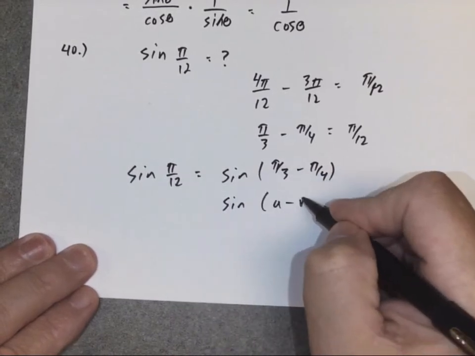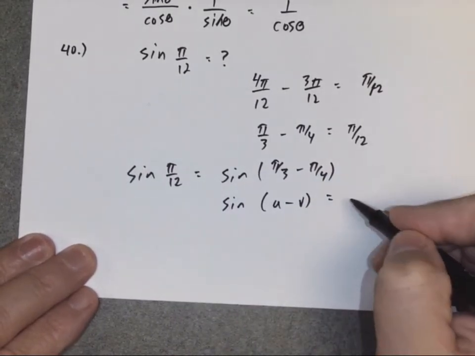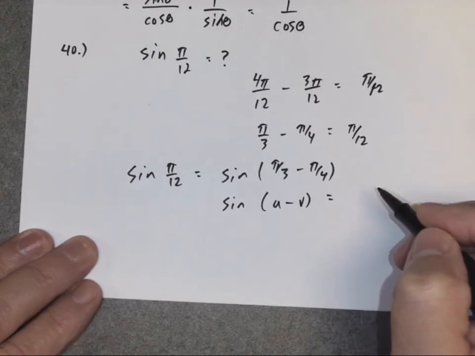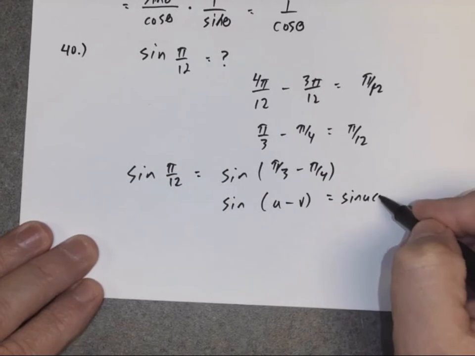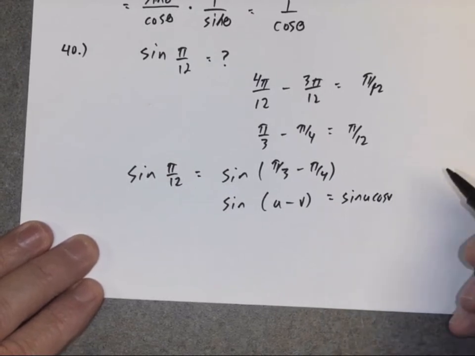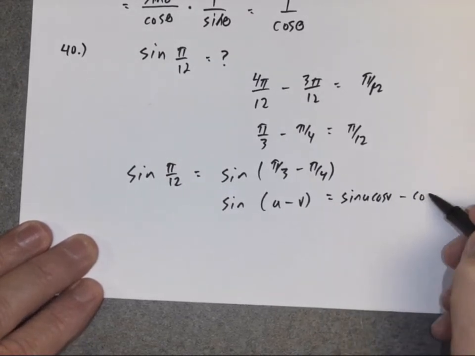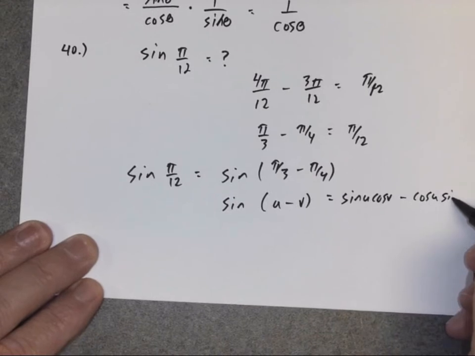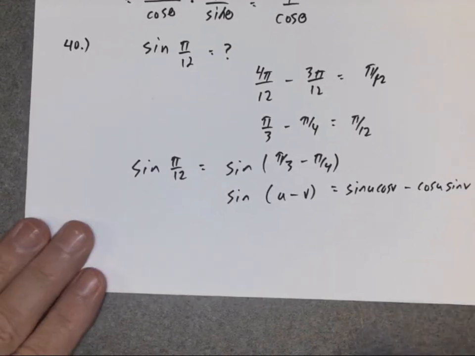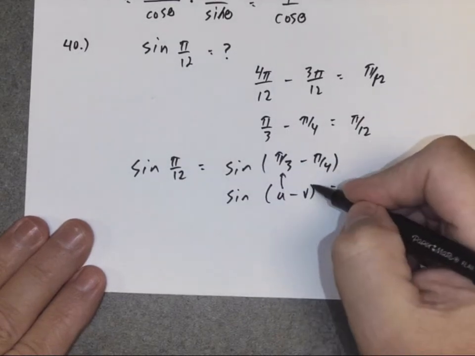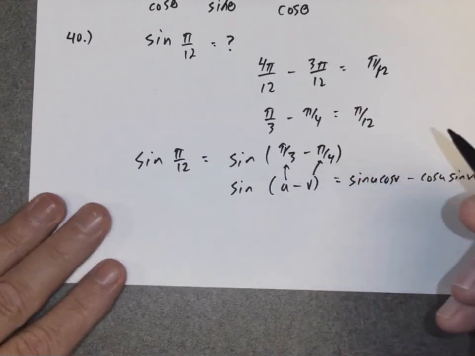So it's sine of u minus v. And it equals sine u cosine v minus cosine u sine v. And now I know that u is pi over 3, v is pi over 4.